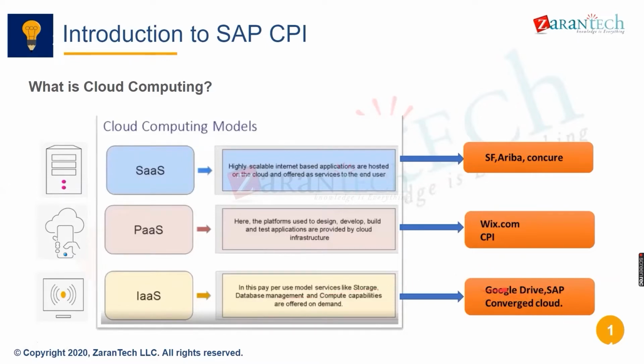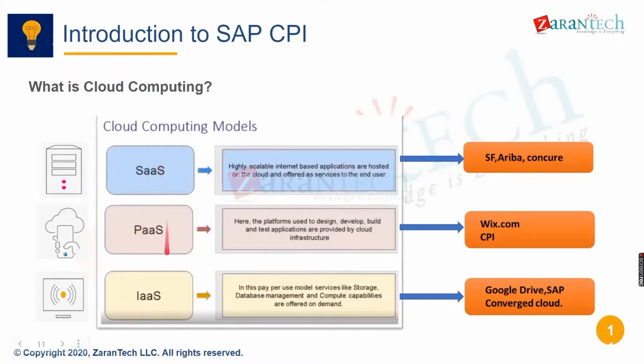Now I want to store data, 1 MB or 2 MB of data. I use Google Drive because it's a cloud application. I can store whatever amount of data I want in Google Drive. In SAP terms, we call it SAP Converged Cloud, where all the application data, everything in SAP terms, is stored.